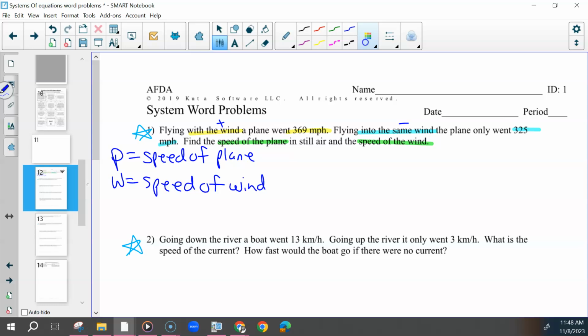Right, so we have our variables. With these, the setup is very simple because we only have 2 numbers. Both of those numbers are your totals. So for the with the wind, we would do P plus W equals 369. That's it.